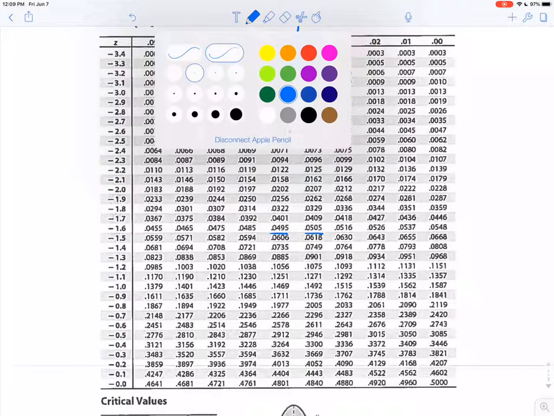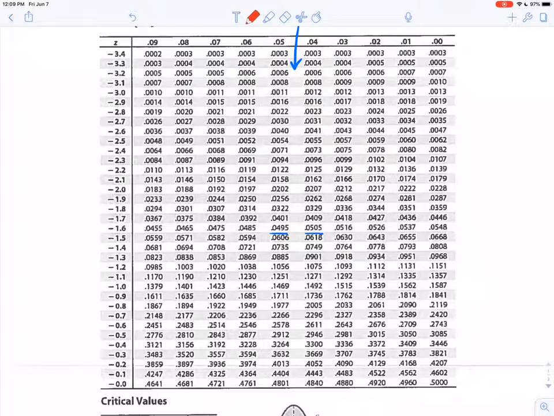What I do in that case is I take each one, right? So the z-score that corresponds here would be 1.65, and the z-score that corresponds here would be 1.64, and I take their average. I just take the value that's halfway in between, which here is going to be a negative 1.645.